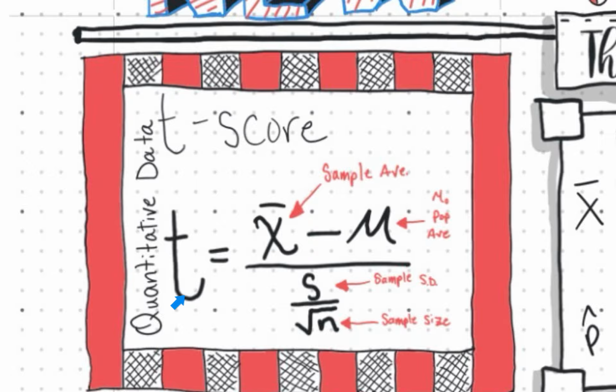T still represents the number of standard errors away from the mean something is. Remember, standard error is equivalent to the standard deviation of the sample. But that's not exact because we don't know everything about the sample. And so we have to worry about that. Any questions about the t-score?